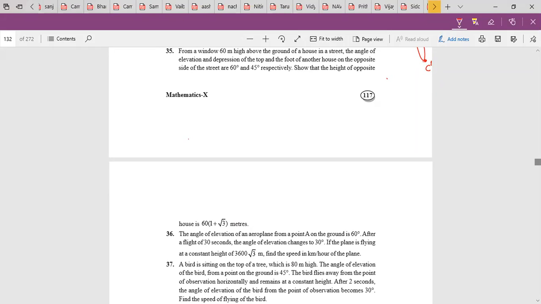Ma'am, the 36th one, is it 864 kilometers per hour? 37th one, sixth one, ma'am. 36, what you got? 864 kilometers per hour. Exact right answer.